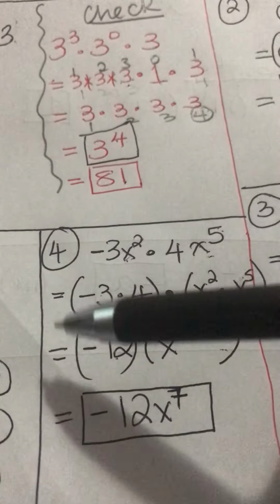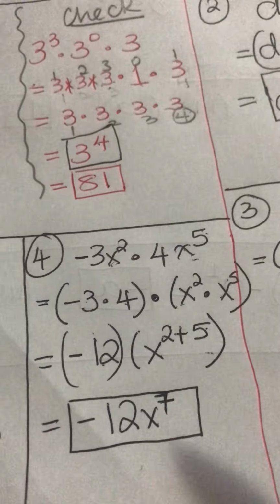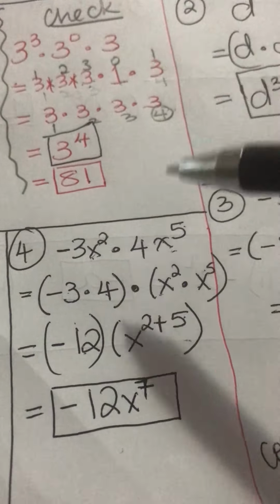Now let us look at question 4. You're going to notice question 4 has a coefficient and it has powers, okay? Now, here you will put your friends together, your like terms together. So you'll open a bracket for coefficients and you'll open your bracket for the variables, okay?